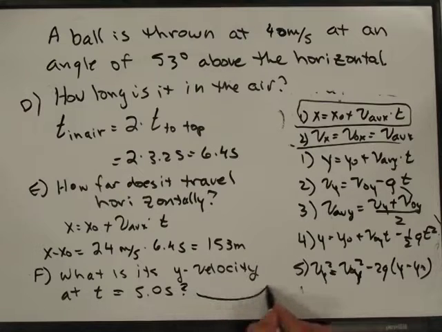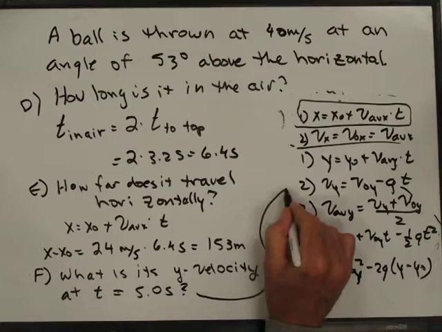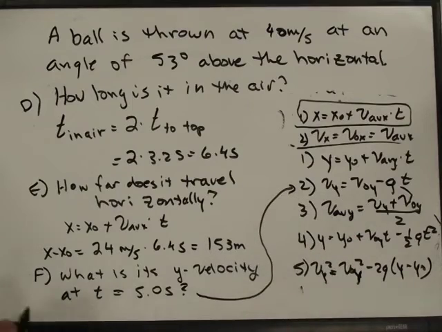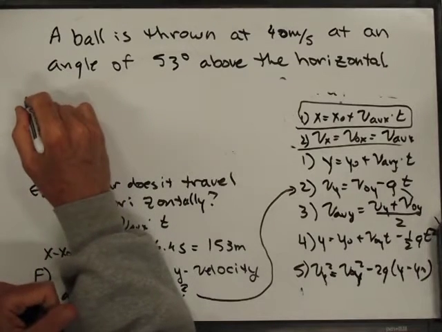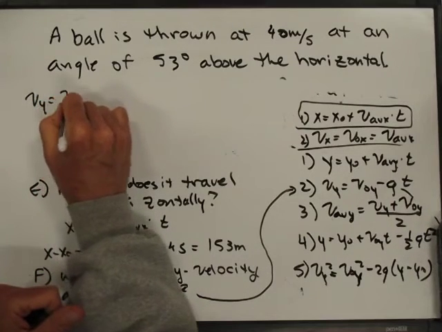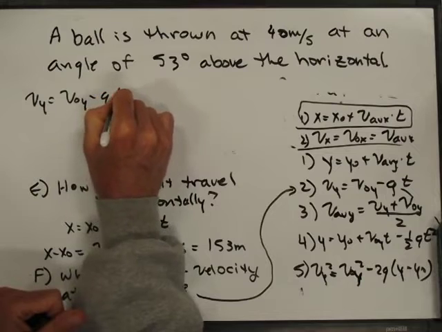And so that would just be this equation. Vy is equal to V naught y minus g times time.